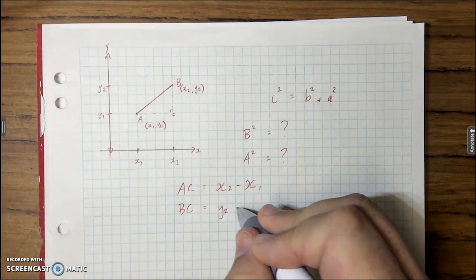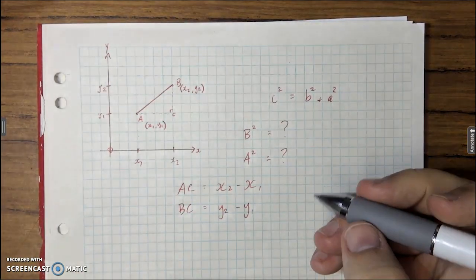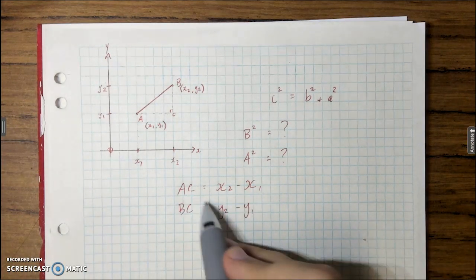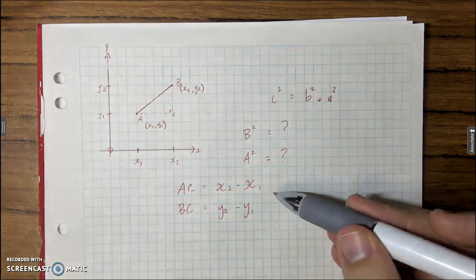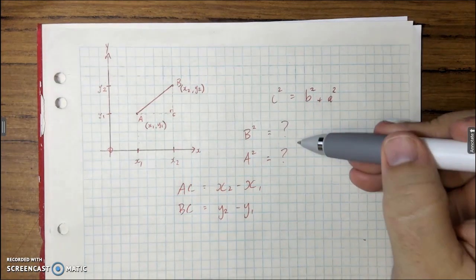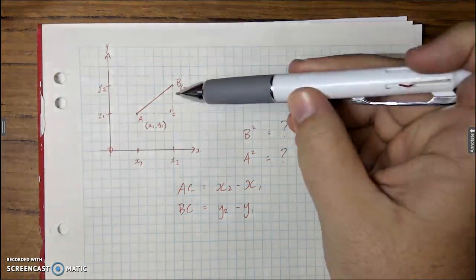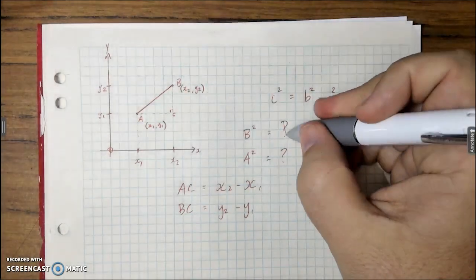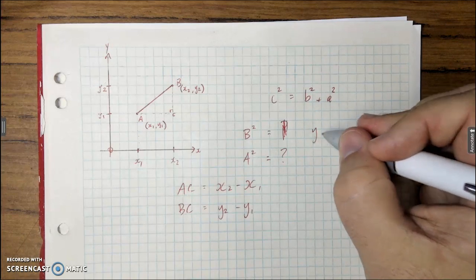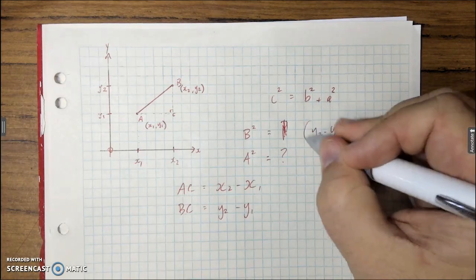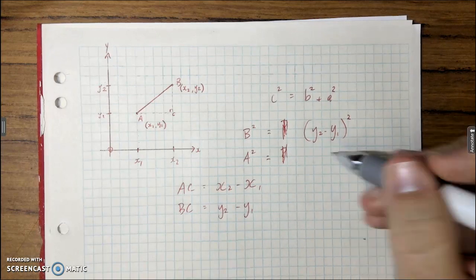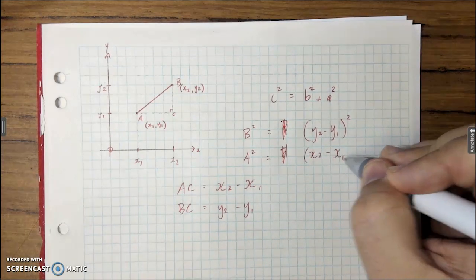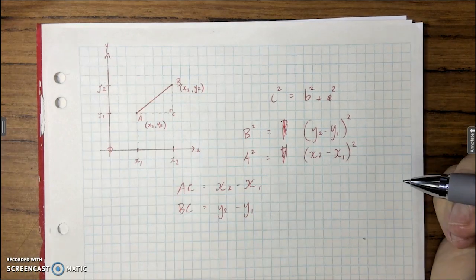So it would be y2 minus y1. So we can now use this to help us figure out what our B squared is. So this side is really this BC. So it's not unknown anymore. It's y2 minus y1 squared. And this one then would be x2 minus x1 squared.